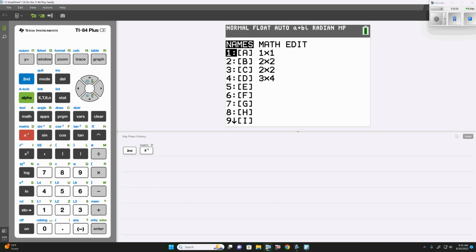Second, blue button, X, negative 1, X to the negative 1. And we all get a screen that looks similar to this here. You might have different numbers where I have 1 by 1, 2 by 2, 2 by 2, 3 by 4. But you do have a screen that looks similar to this, yes?